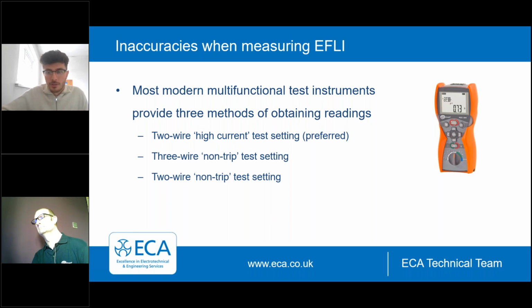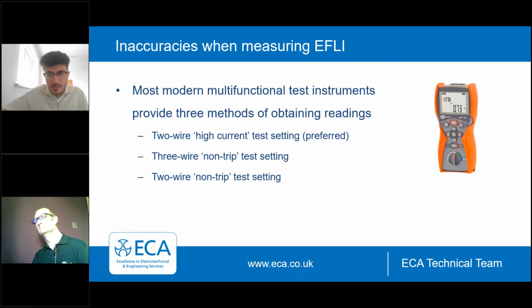And this test current of around 25 amps allows us to create a measurable voltage drop and consequently a stable and accurate reading. The test generally only lasts a few seconds, and the load is not present for no more than 40 milliseconds. So this is preferred.